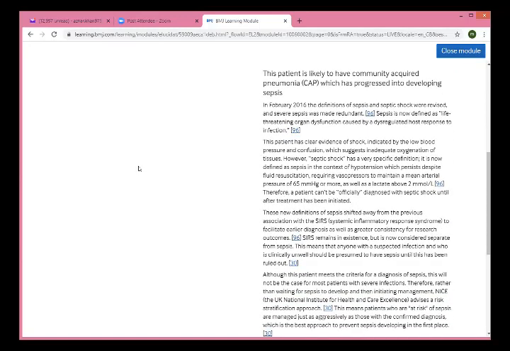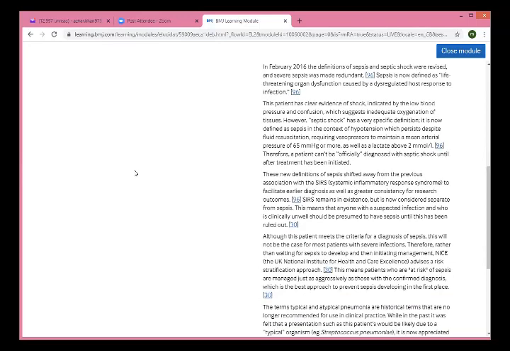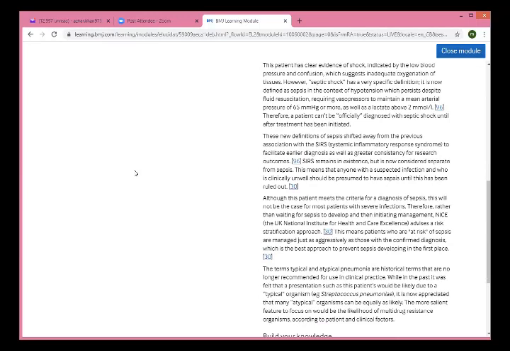As we have told you before, the definition has moved away from the cells. So patients who are at risk of sepsis, you risk stratify them.